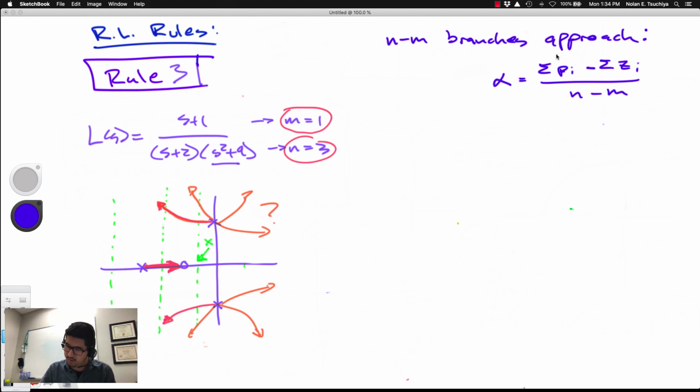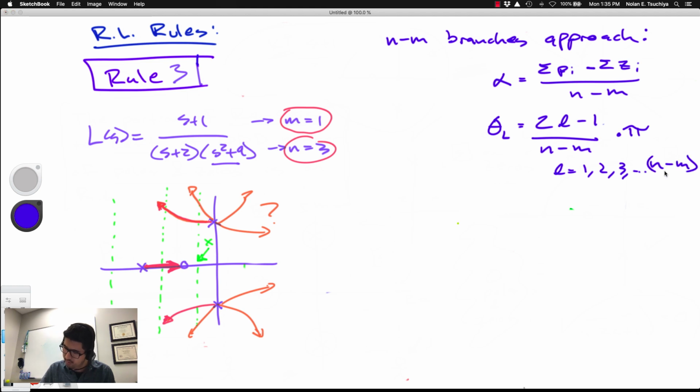And then the asymptotes themselves are defined by these angles, theta. Okay, so the formula is like this. It's 2l minus 1 over n minus m all times pi. And this is valid for l equals 1, 2, 3, all the way up to n minus m. However many branches you need, this is how many thetas you need to compute.